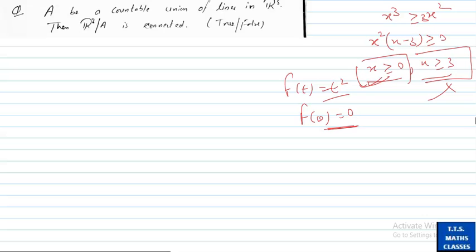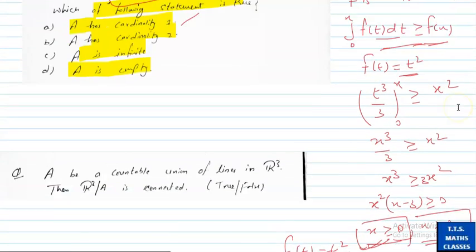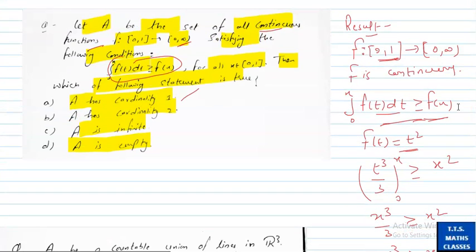Okay, because the domain becomes such that when we put its value in, the function is itself 0. So therefore we can say only one function can exist in such a type of condition. So therefore A has cardinality 1. So for such a question, option A is true.